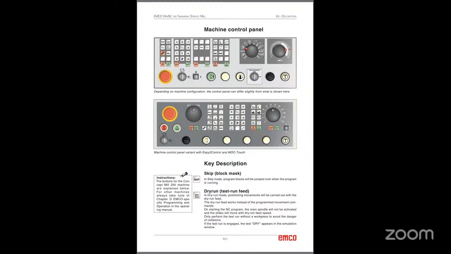So what happens in dry run? In dry run, the program will run. The axes will move, but the spindle is not working.